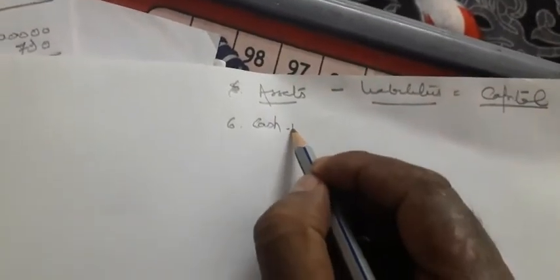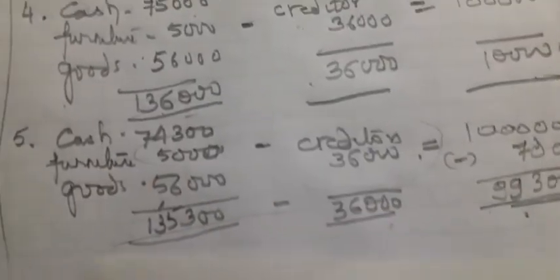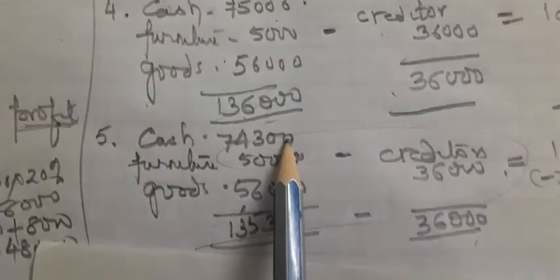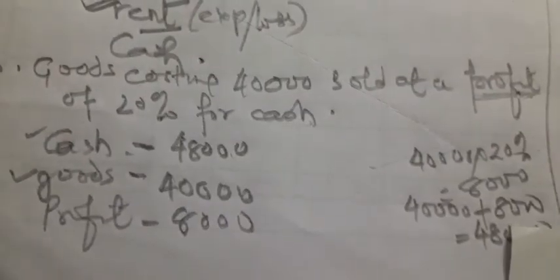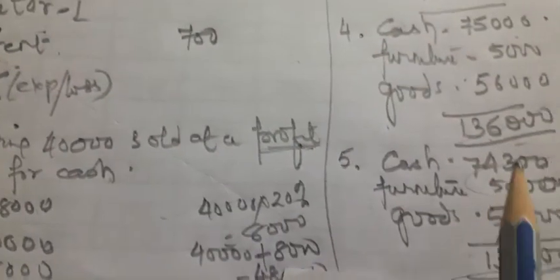Now because we have sold goods for 48,000 rupees, cash will become 74,300 plus 48,000 rupees, which comes to 1,22,300 rupees.